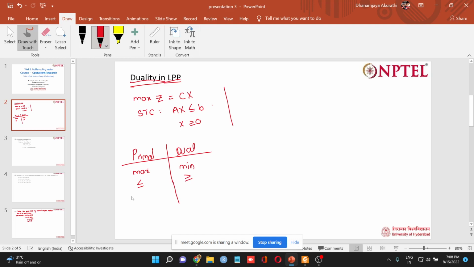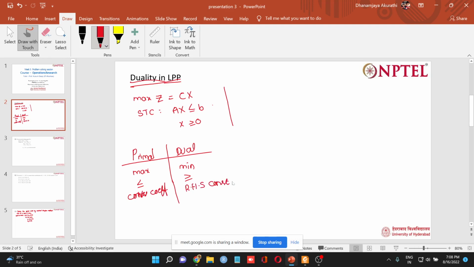And one more thing: in the primal case, whatever cost coefficients are involved become the RHS constants in the dual problem.